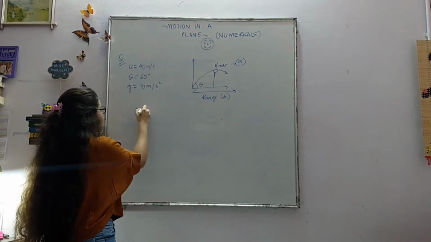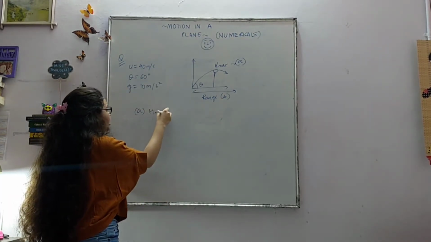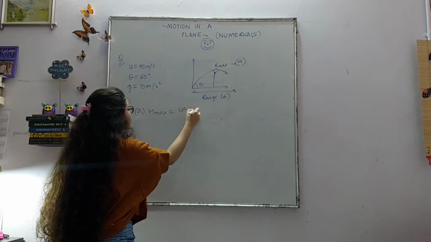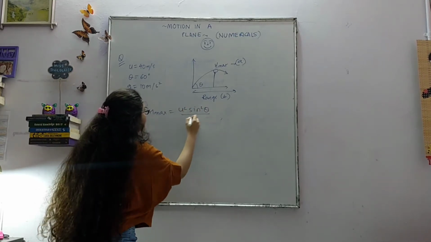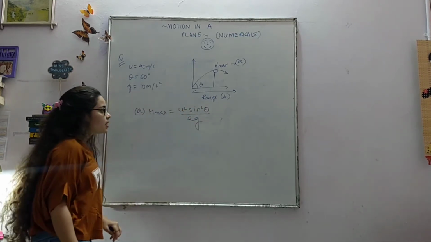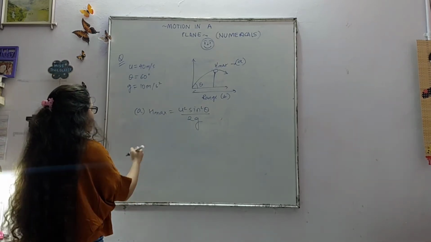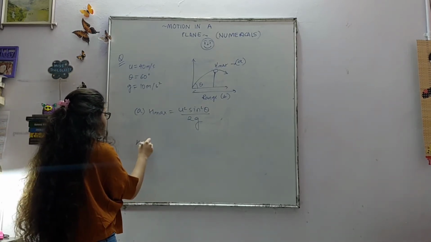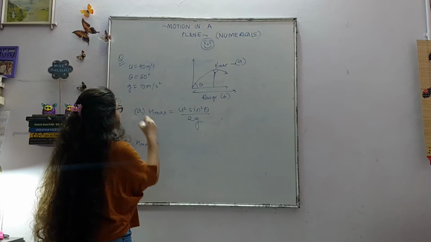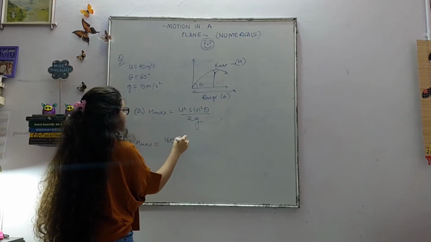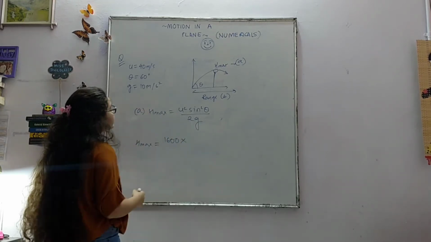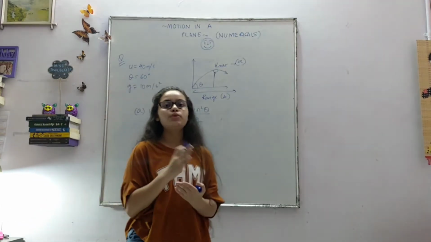So first h max. You know the h max formula, it is u square sine square theta by 2g. Right? So what do you have to do? Just substitute the values. u square is 1600 into sine square theta. So sine 60 is root 3 by 2.